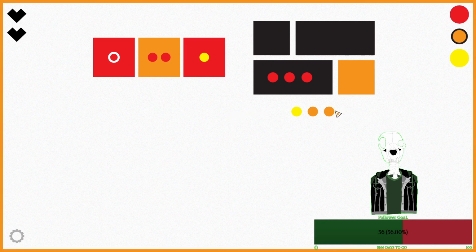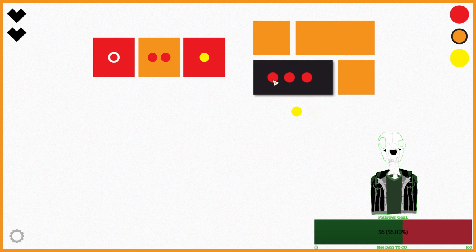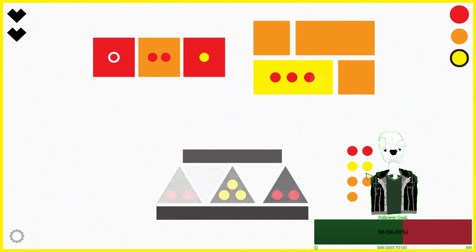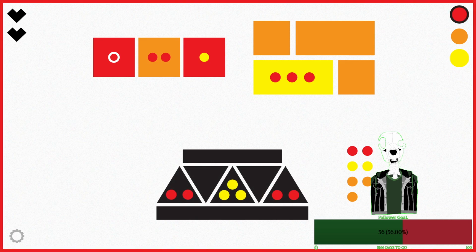So my theory now is that this is connected to 3 that are that color. Maybe. I don't know. I think I'm making stuff up again.